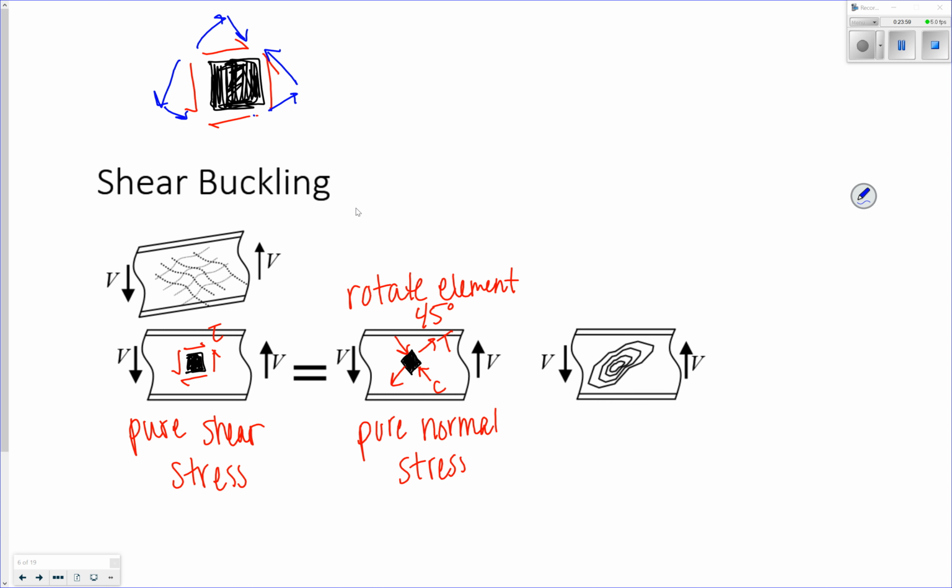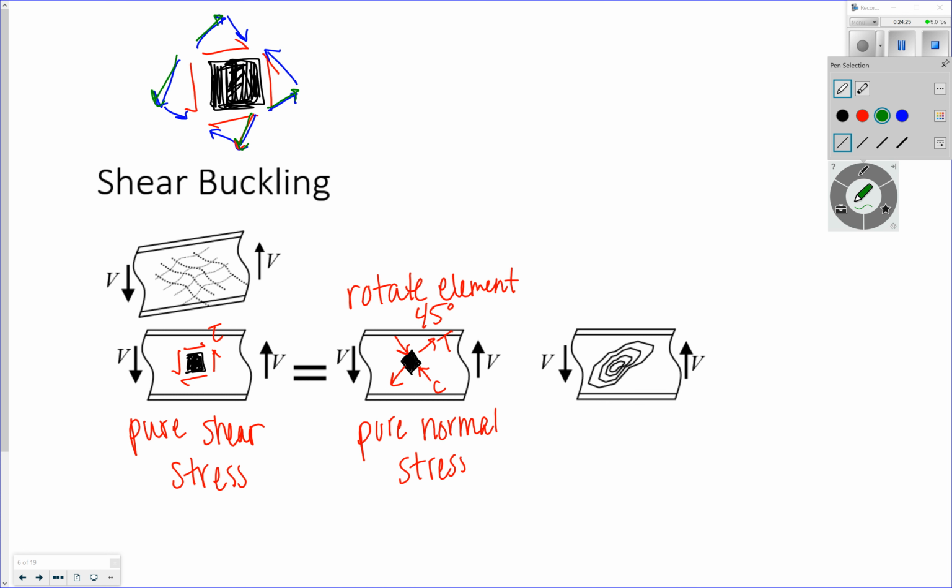I think this one would go more like that, yeah. Right, so let's see, all my horizontal ones are that, and that, and that, and that. Right, those are all tension. And all my vertical ones are compression.